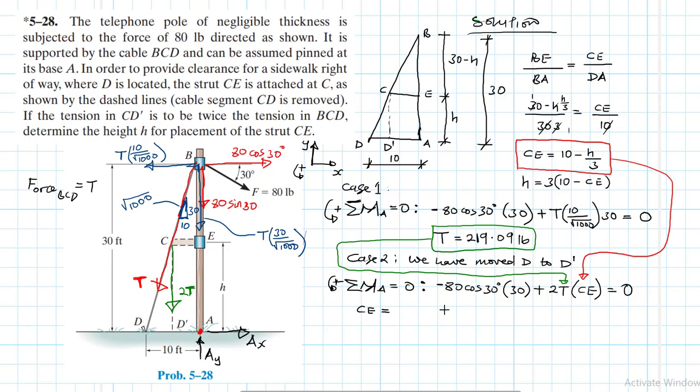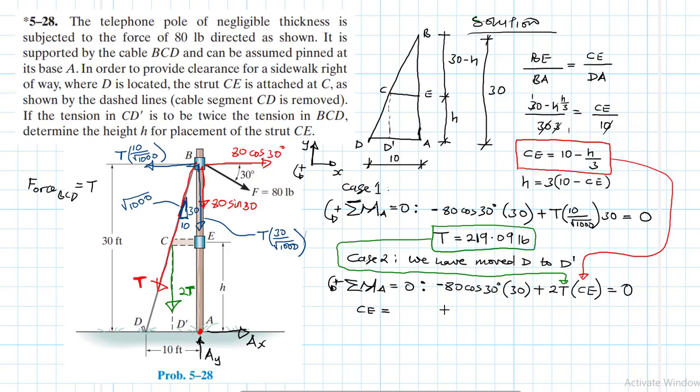And then a minus, we have 80 cos 30 times 30, and then divided by 2T.